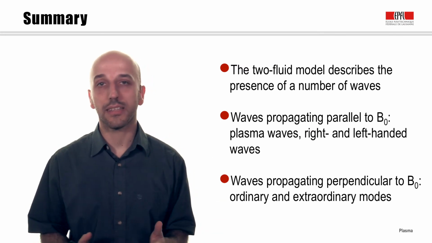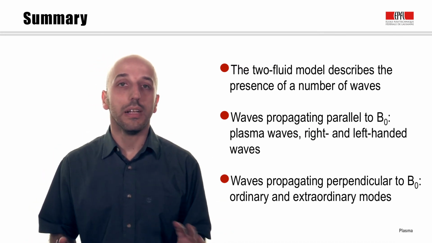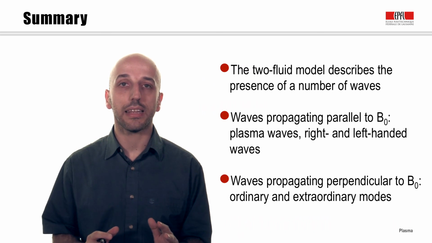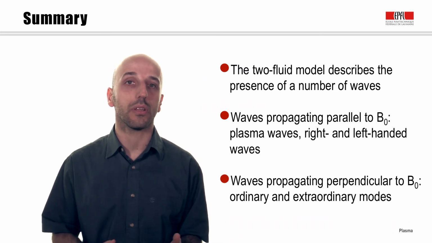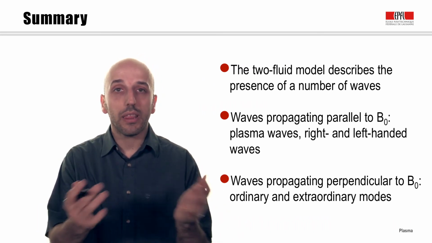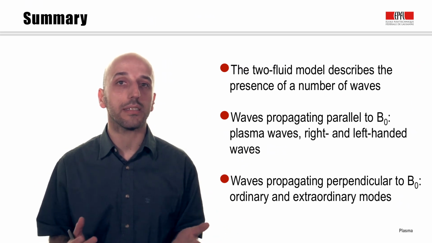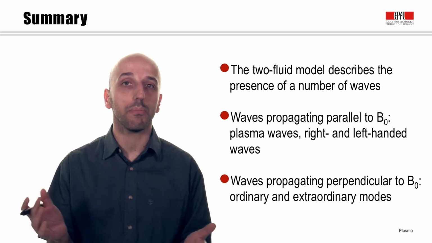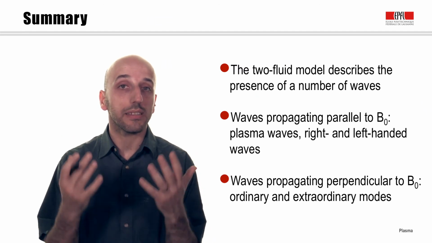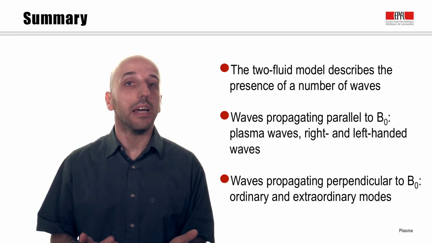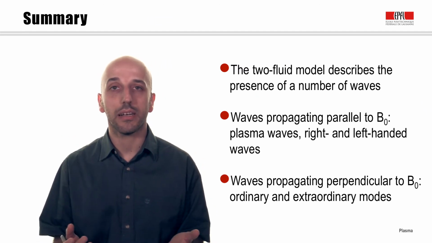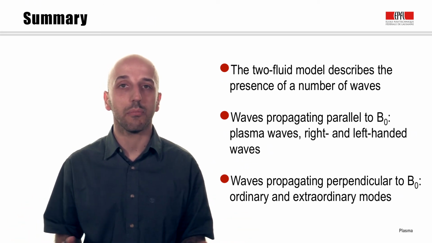To summarize the content of the present module, let me first of all say that we have pointed out that the plasma, even within a relatively simple model such as the two-fluid model in the cold plasma limit, is actually a complex medium. It supports, in fact, a large number of intrinsic modes.